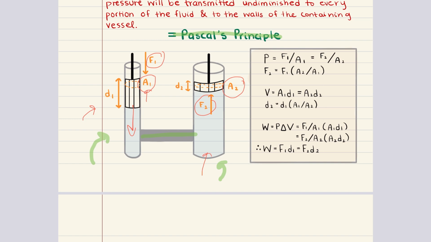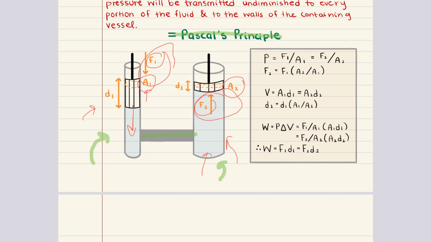So in essence, the hydraulic lift allows a small force applied to a small piston to be converted into a much larger force on a larger piston, enabling the lift of heavy objects with relatively little effort. The ratio of the forces is directly proportional to the ratio of the cross-sectional areas of the two pistons. This is the mechanical advantage that's provided by hydraulic systems.